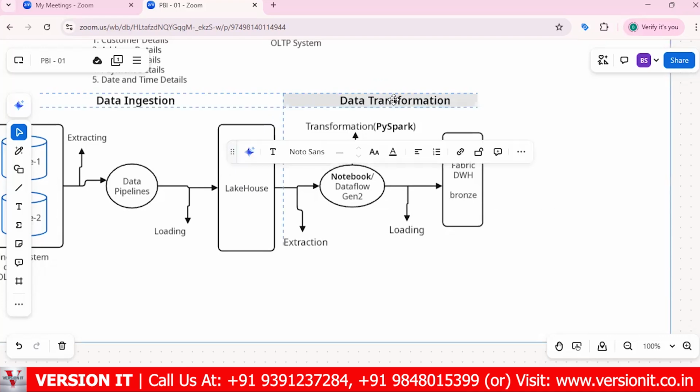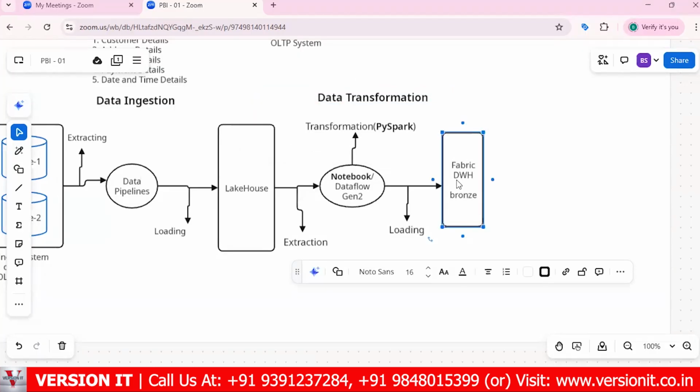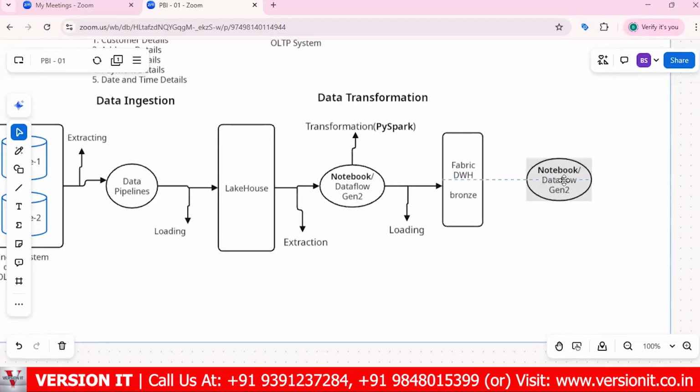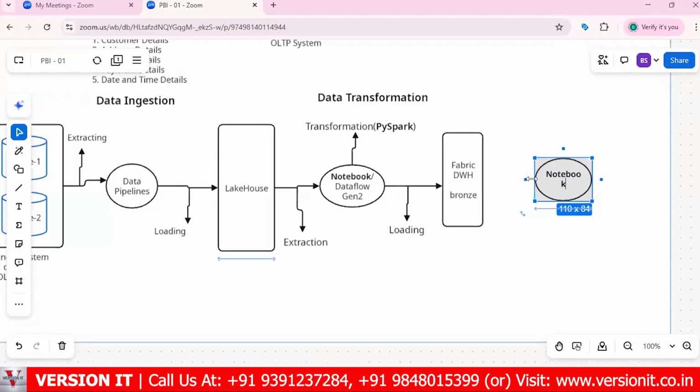So in order to bring the data into another layer, we are going to use this bronze as a source system. The bronze is going to be the source. For this, 90%, if you ask me, I say 100%, we are going to use a notebook from this layer.